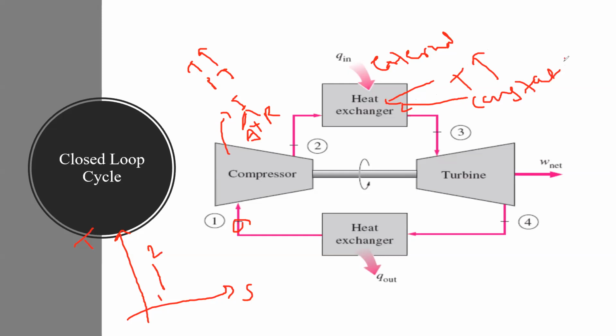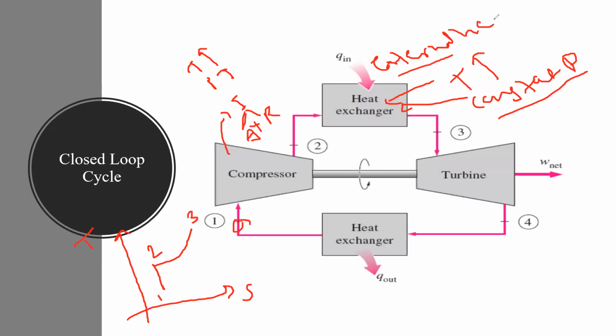There is no change in the pressure created by the compressor and injected into the heat exchanger, so your total pressure is constant. From point 2 to 3 my temperature increases. Why? Because here I use some external source to enhance the temperature of this gas turbine plant.